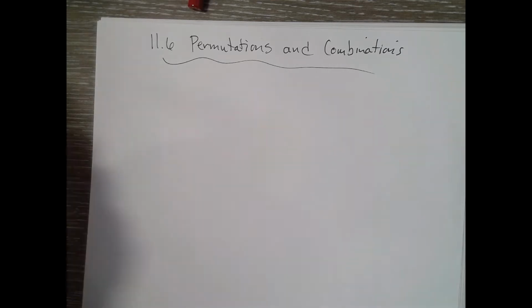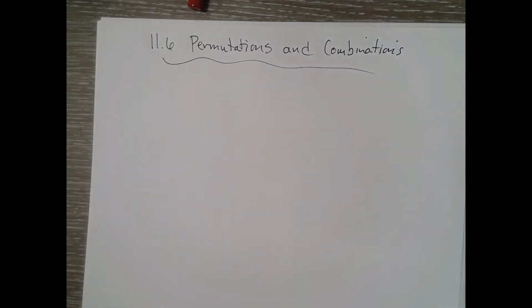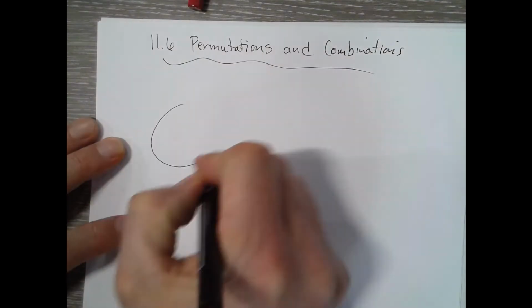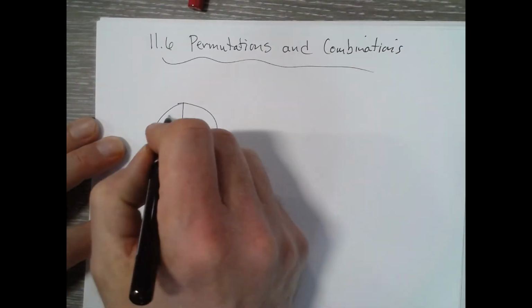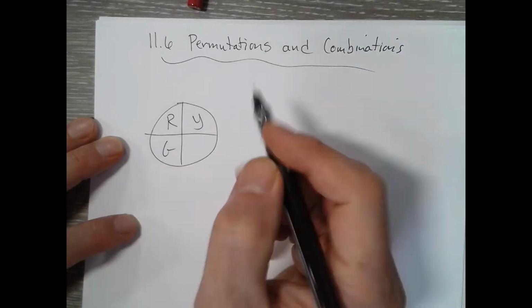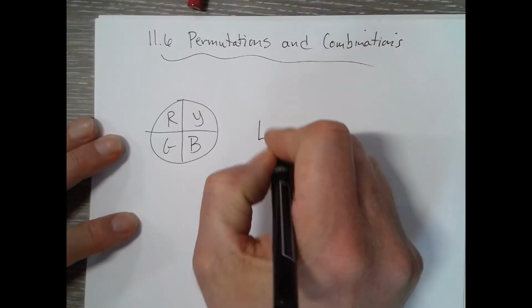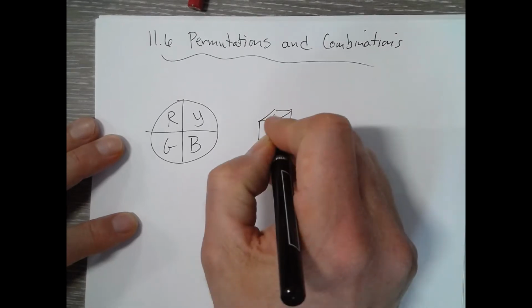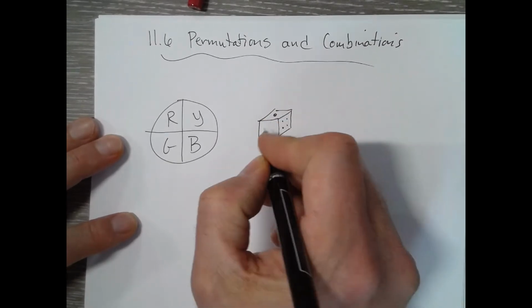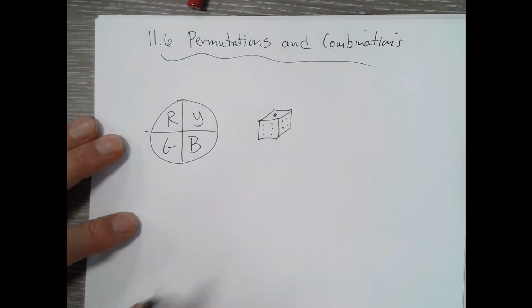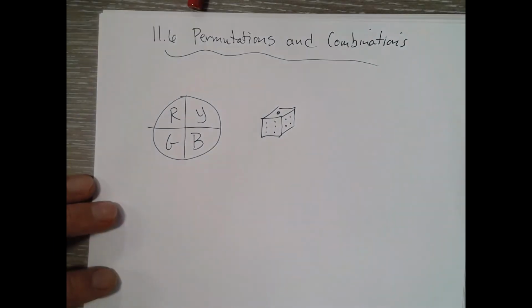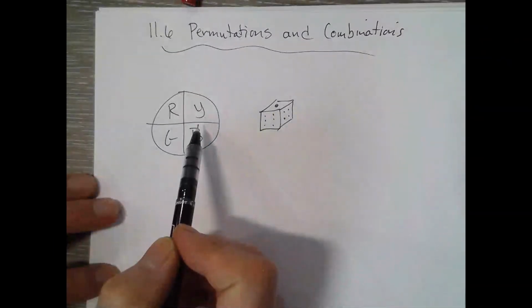And fundamental counting principle is when you've got, let's say we've got a spinner, we've got red, yellow, green, and blue spinner, and we spin it. And then we also have a die that has 6 different possibilities. How many different outcomes could you get when you spin a spinner and then shake a die?